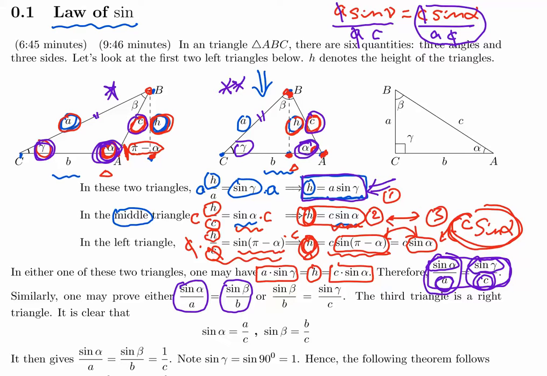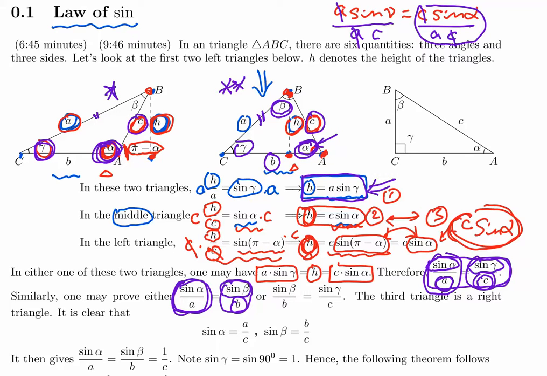So sine alpha over a is also equal to sine beta, this angle, divided by b, this side.